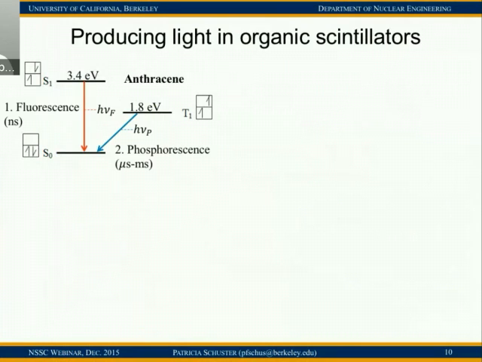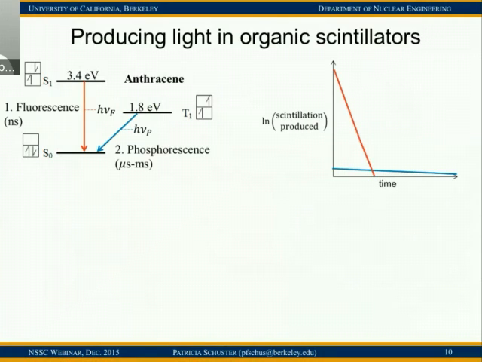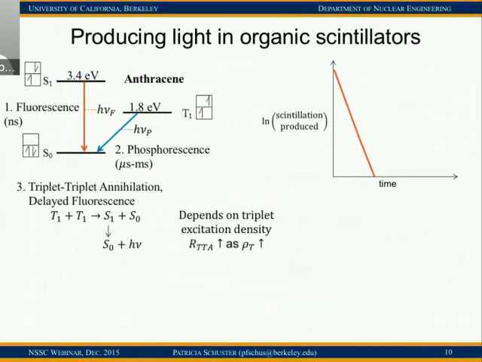So what that means to us is that if you look at a time distribution of light produced, the phosphorescence is so slow that we don't actually observe it, because my measurement system is only about 200 nanoseconds long. So we just remove that from the picture totally. But there are ways to observe the triplet light, and one way is called triplet-triplet annihilation. In this process, two triplet states interact and annihilate into a singlet excited state and a singlet ground state.